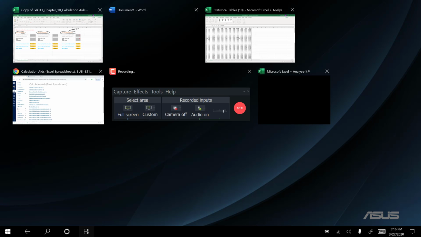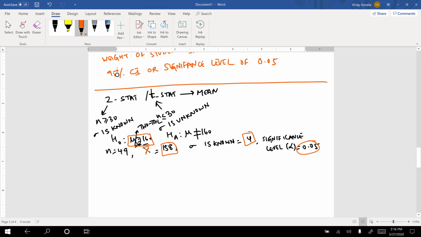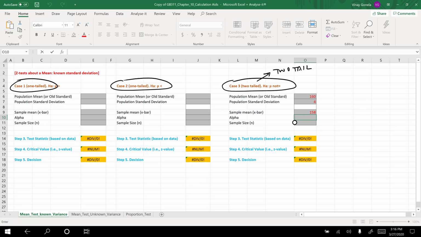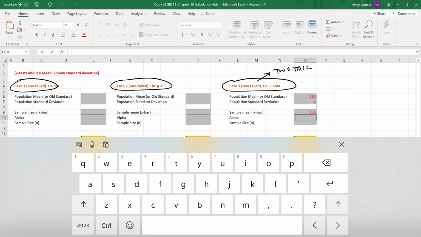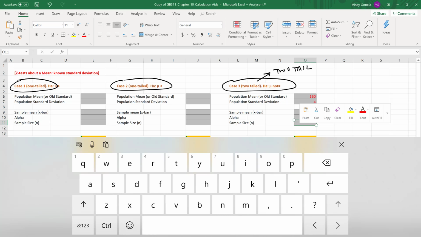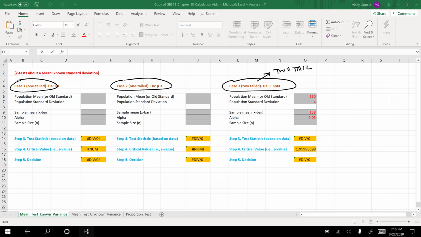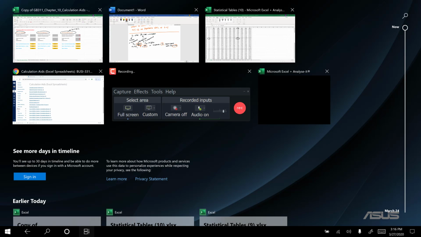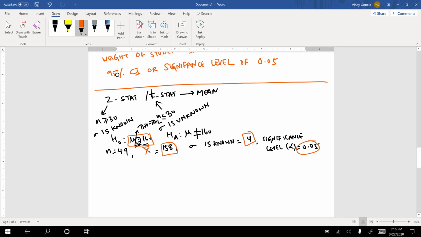So significance level alpha is 0.05, so this is 0.05, and then finally sample size is 49.